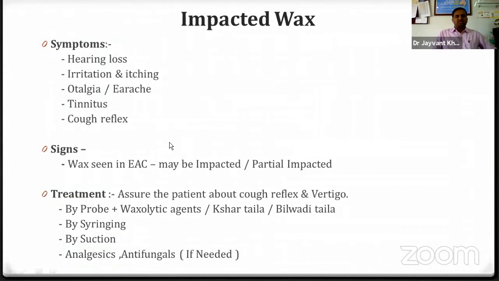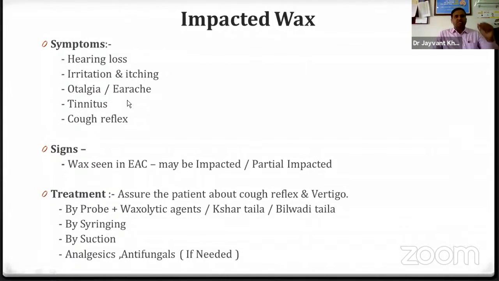What are the symptoms, signs and treatment of the impacted wax? Symptoms: hearing loss, because conductive deafness is there. Sound waves collected by the pinna are not traveled due to the obstruction of wax. Irritation and itching.